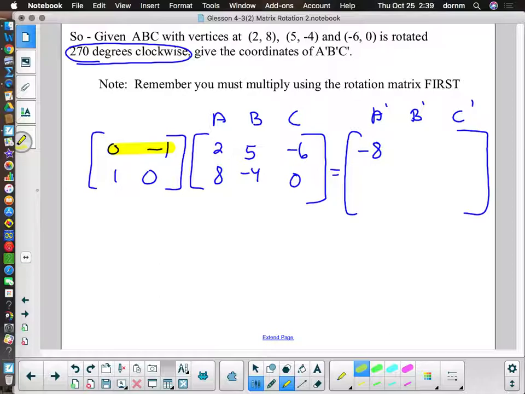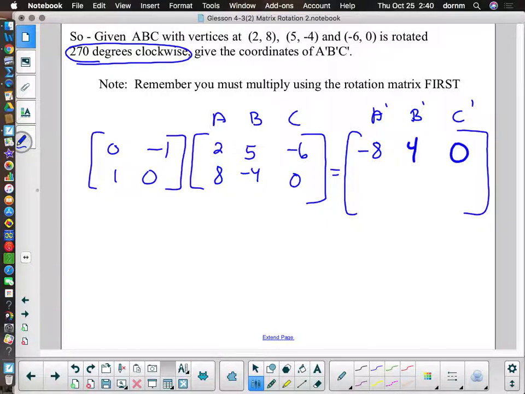Next, I do row 1 times column 2. 0 times 5 is 0. -1 times -4 is +4. So once we do that, that's just a sum of +4. I'm going to get a 4 here. Then I do row 1 times column 3. 0 times -6 is 0. -1 times 0 is 0. 0 and 0, that's pretty easy. 0 plus 0 is 0.